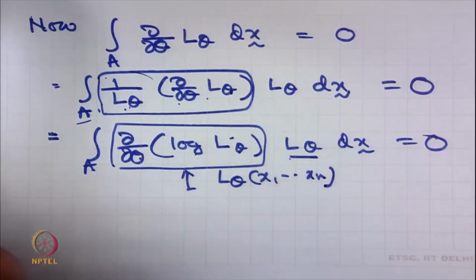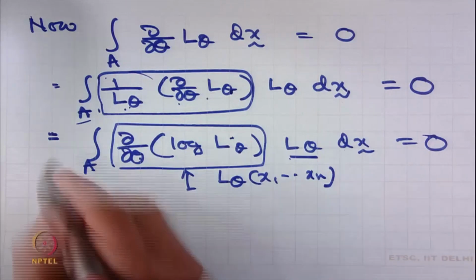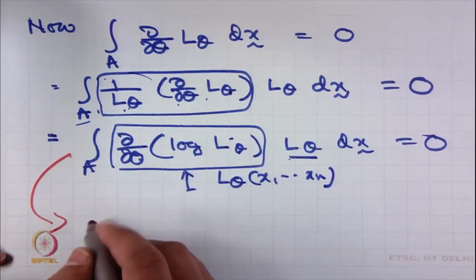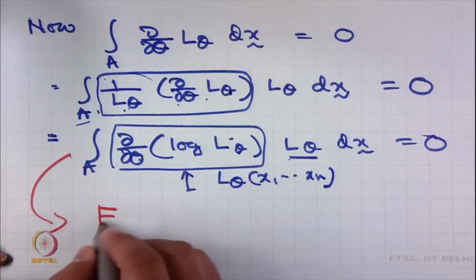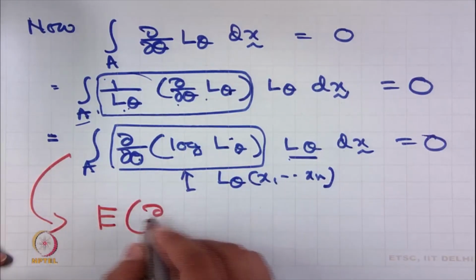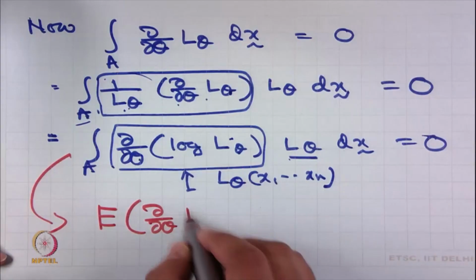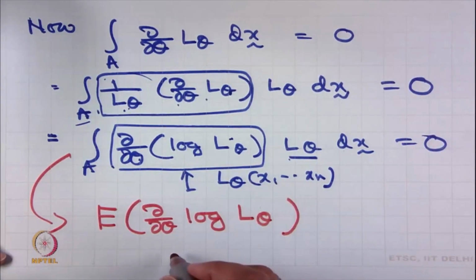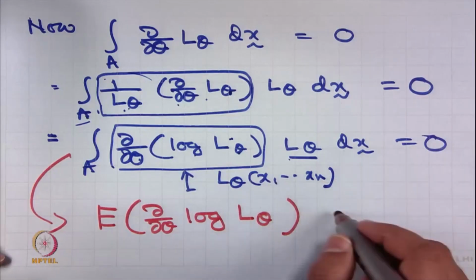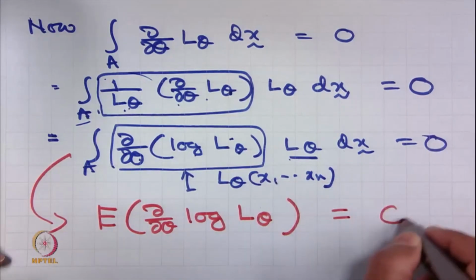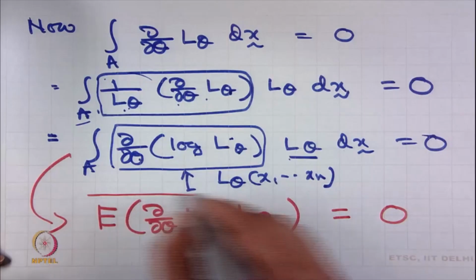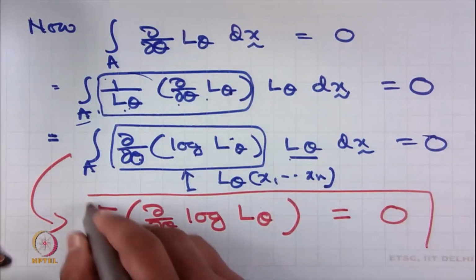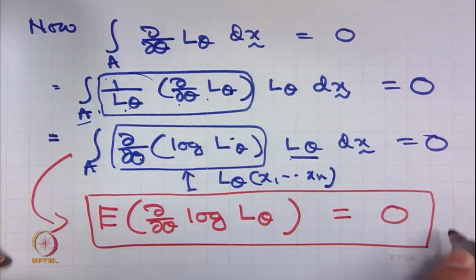Therefore, this whole quantity is nothing but expected value of del theta of log of L theta. And just now we observed that this is equal to 0. So, this is our finding 1.